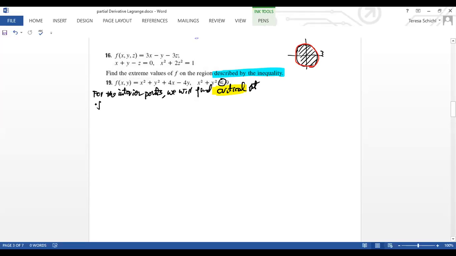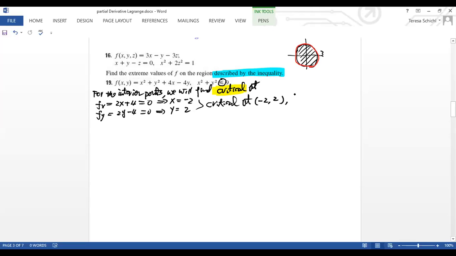The critical point uses the partial derivative f of x, which is 2x plus 4. We set this equal to 0. Then f of y is 2y minus 4, equal to 0. So I will have x equal to -2 and y equal to 2. That's pretty easy. So my critical point here is (-2, 2).